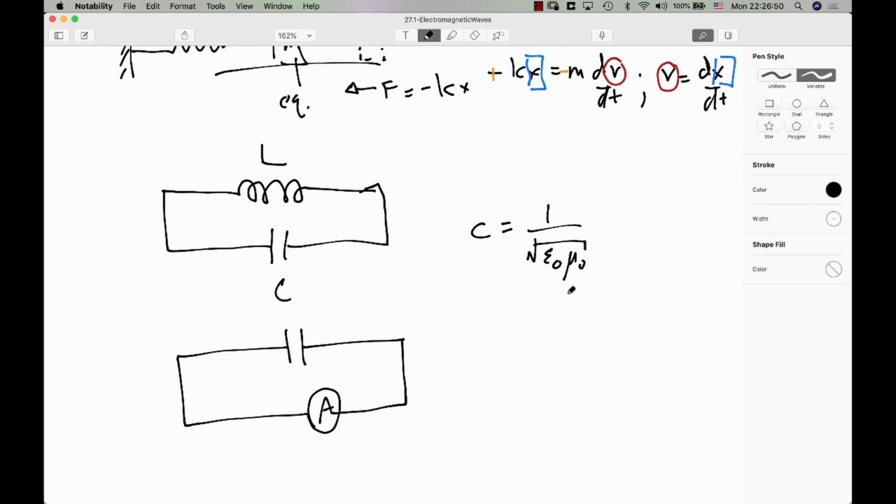Now, if you take those numbers and stick them into your calculator and grind it out, you're going to get that that's just a touch under 3 times 10 to the 8 meters per second. So we have experimental evidence that yes, indeed, light is an electromagnetic wave. So now let's think about how we actually generate them.